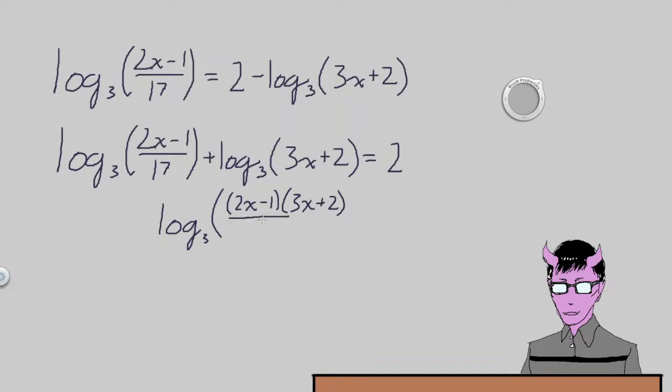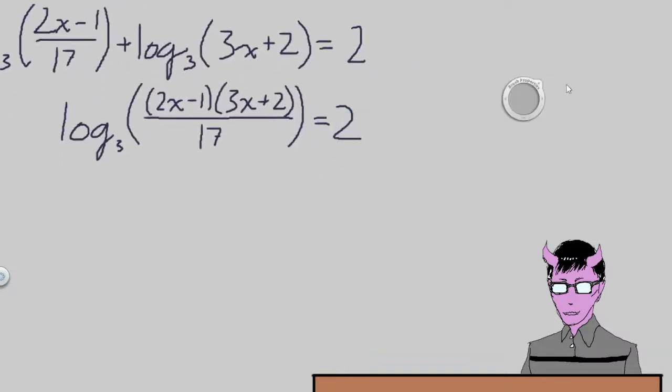All over 17. That looks weird. So the only thing that's happened, this thing got multiplied to the top, numerator to numerator. So that one ends up on the top right there, because it's technically over 1.